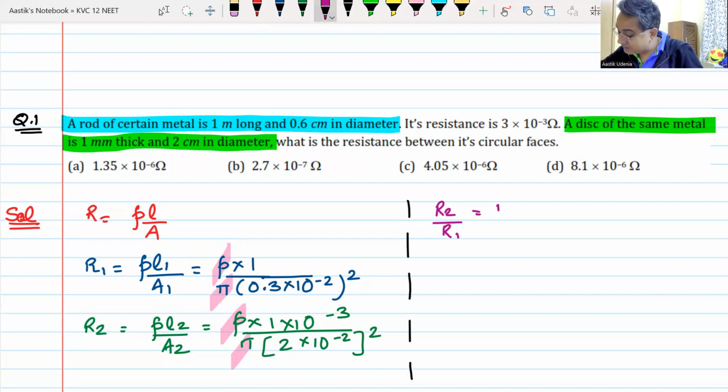Oops, what am I writing here? Sorry, even I made a mistake. R2 divided by R1 is 0.3 into 10 raised to the power minus 2 square divided by 1 into 10 raised to the power minus 3.